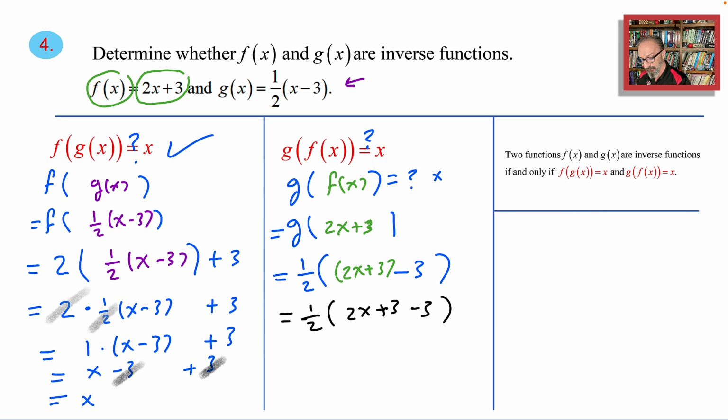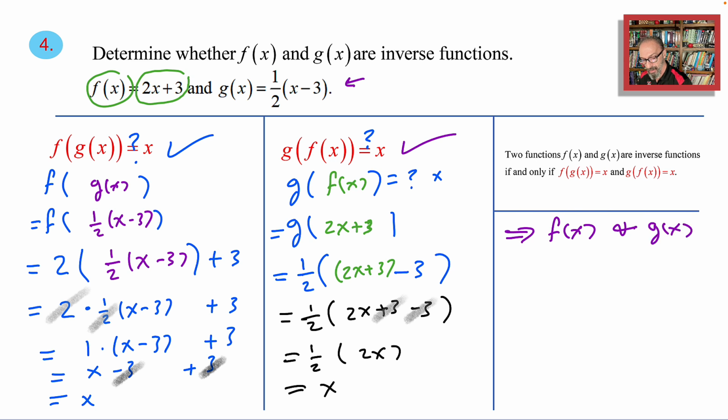We could cancel the 3 and the minus 3, and we have half times 2x, which is just x as expected, or what we're looking for. Clearly, that says that f of x and g of x are inverses.